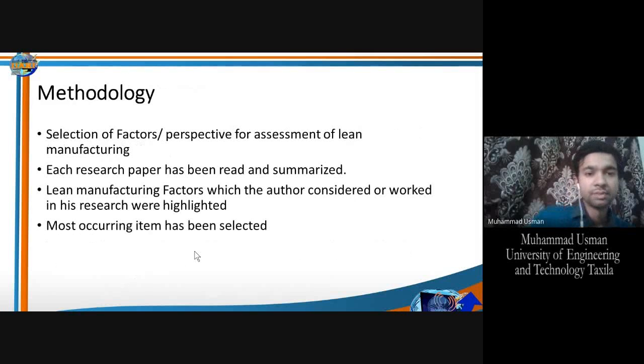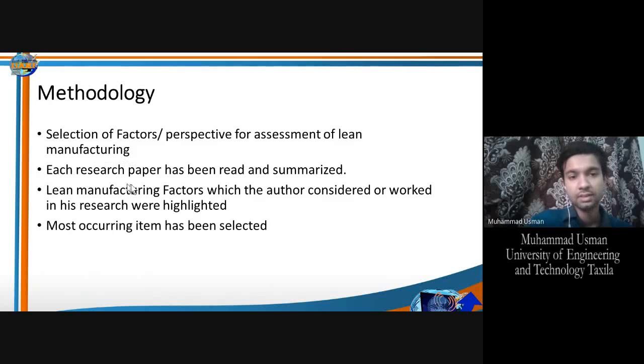Methodology. As there is very little time, I can't share the whole literature review; I am just giving a few points. Selection of the factors for the assessment of lean manufacturing was done through a detailed literature review. I have pointed out the main factors on which lean depends, and I will show them in the next slide.